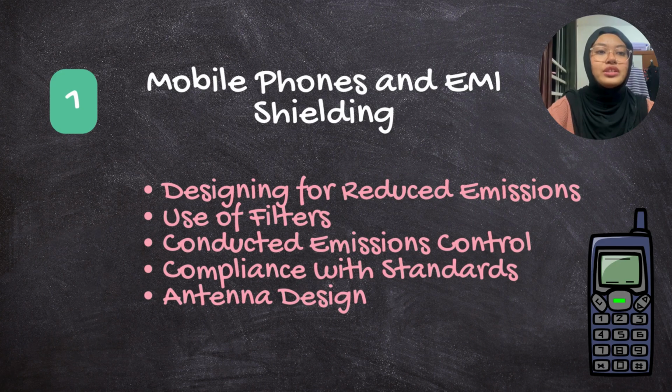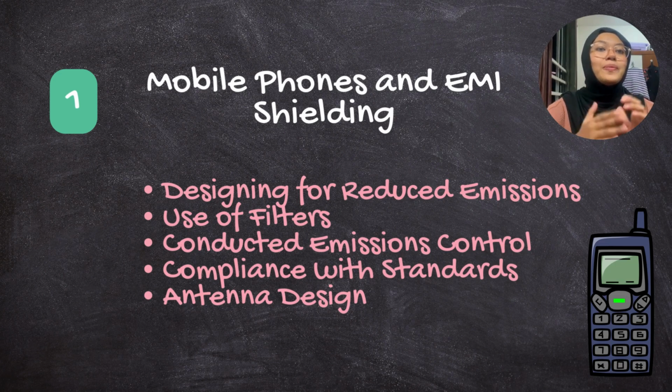Other than that, filters are used in power supply and communication circuits to reduce conducted emission that could affect other devices or degrade performance. Next, conducted emission control ensures that EMI generated within the phone, such as from power management circuits, is minimized through the use of components that suppress high-frequency noise.